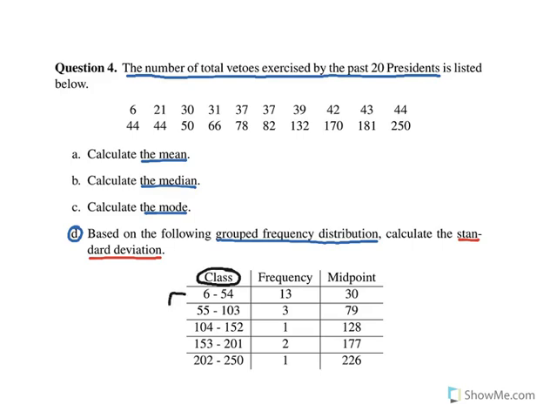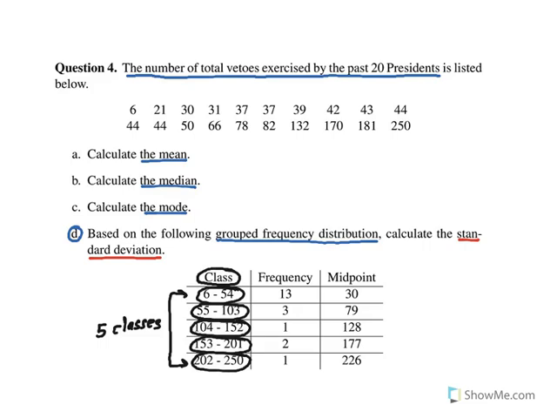We have chosen to make 5 classes. You see, one class is 6 to 54, another class is 55 to 103, then 104 to 152, 153 to 201, and then 202 to 250.